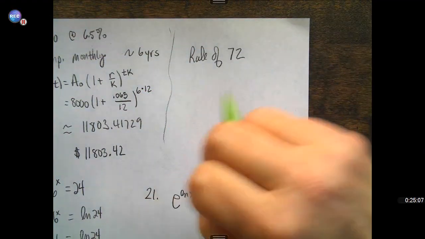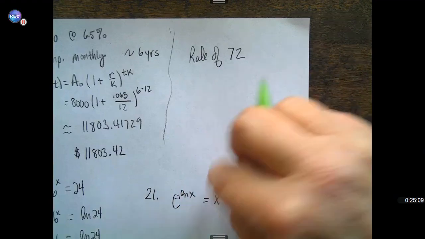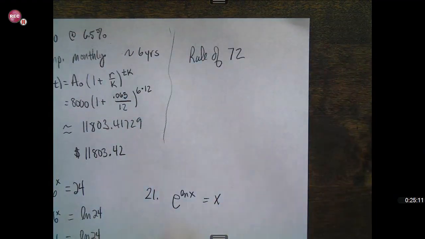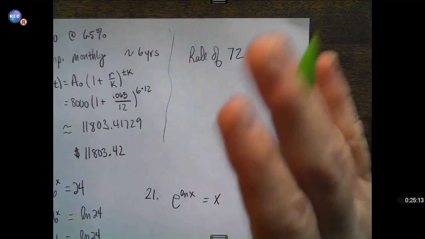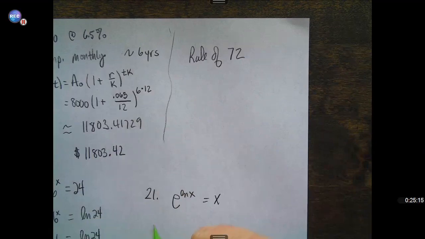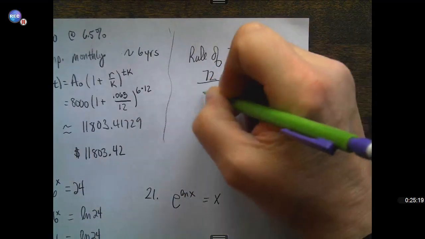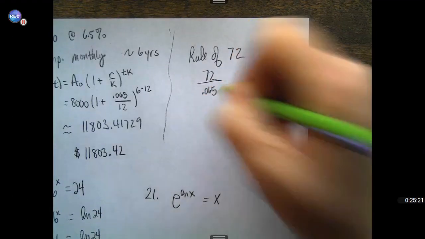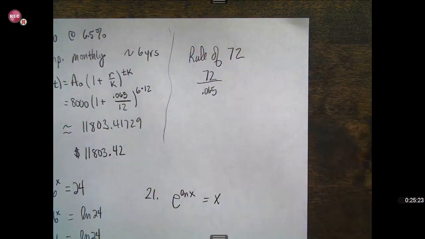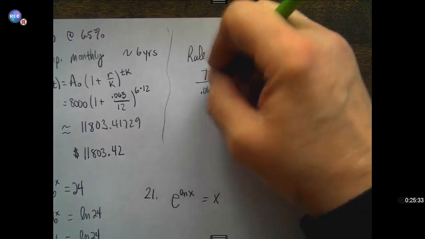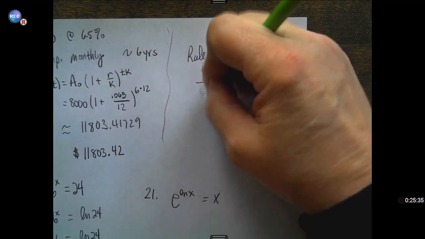If I wanted that information, I would have said, how many years is it going to take to double my money? But because of the about in there, that says I can take 72 divided by 0.065. I'm sorry. When we put that in there, we divide by the percent.